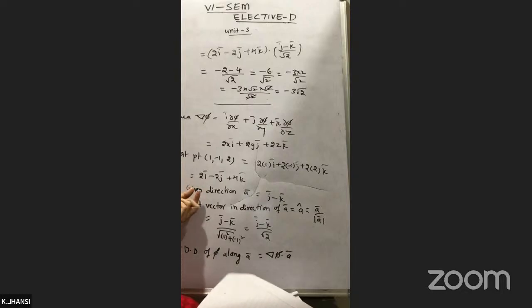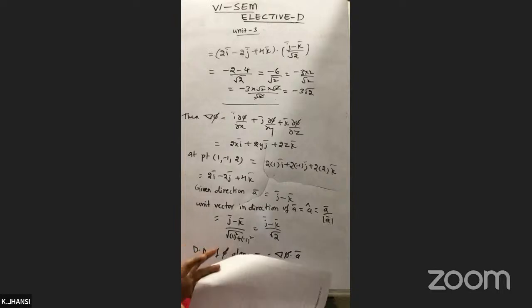After that, you have to see which direction is given in the question. We take the direction as vector A, and for that vector A we find the unit vector. The unit vector definition is A cap equals vector A by modulus of A. Write that vector, and in the denominator, take the square of the coefficients of i, j, k to get the value.